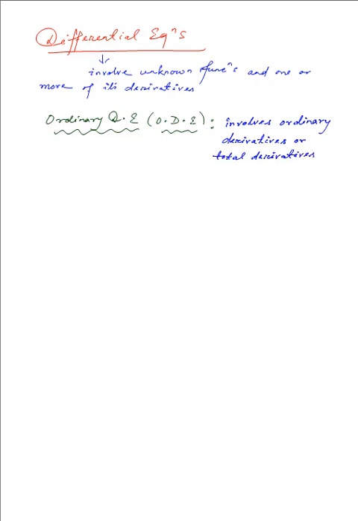Is there any other type of derivative? There surely is. There are partial derivatives, and that is why we also have the partial differential equation. So the ordinary differential equation is one type, and we have the partial differential equation, which is the other type that we were talking about.